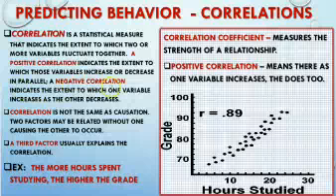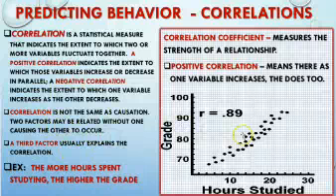A negative correlation indicates the extent to which one variable increases as the other decreases. Now, correlation is not the same as causation. Two factors may be related without one causing the other to occur. Then there is a third factor called a confounding variable that can explain the correlation.